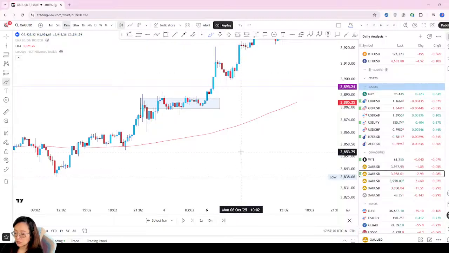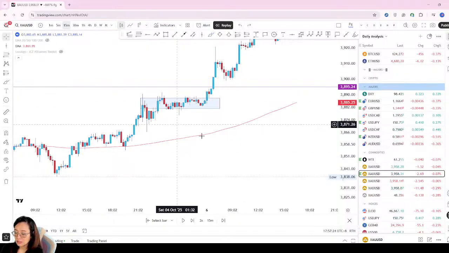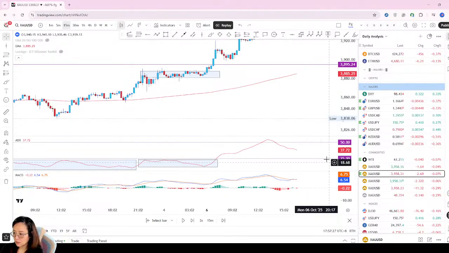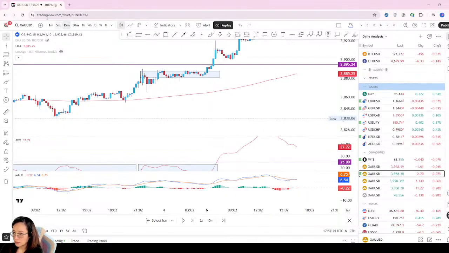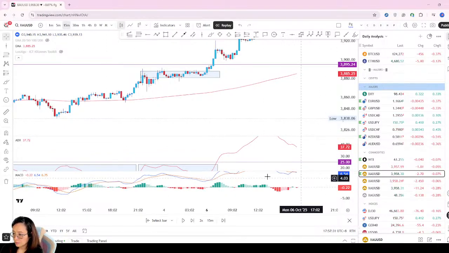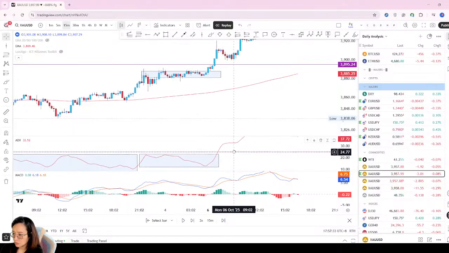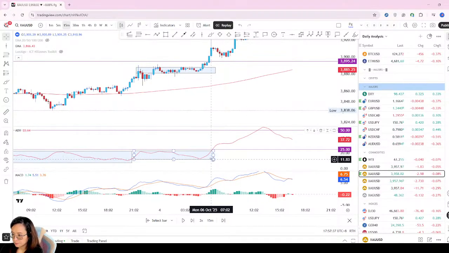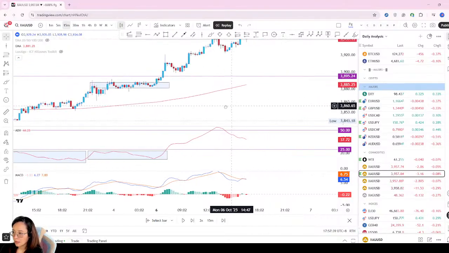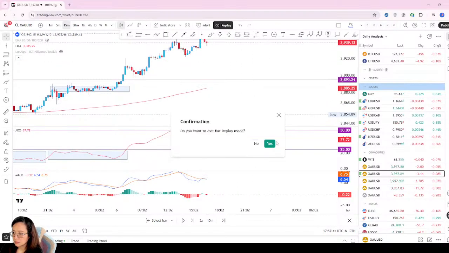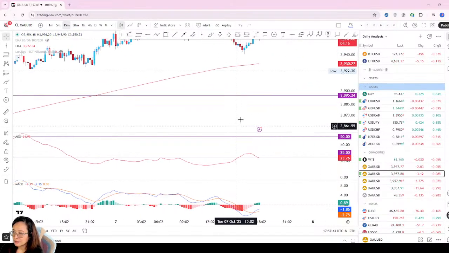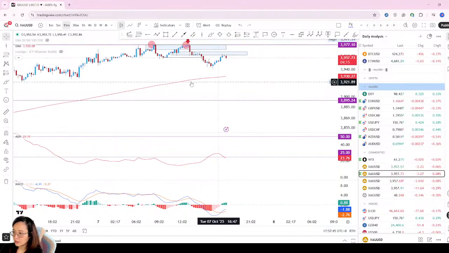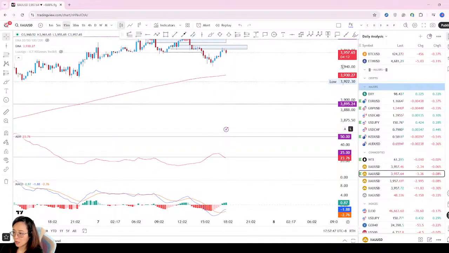Okay, for this EMA 200, let me pull out the MACD and ADX. Okay, right here. Right now, let's say we know that this is a strong bullish move.